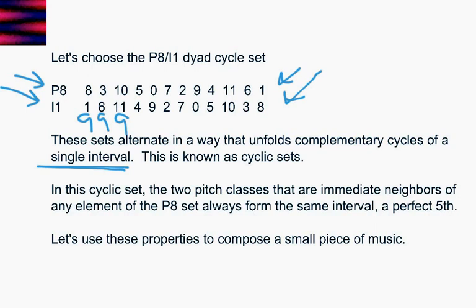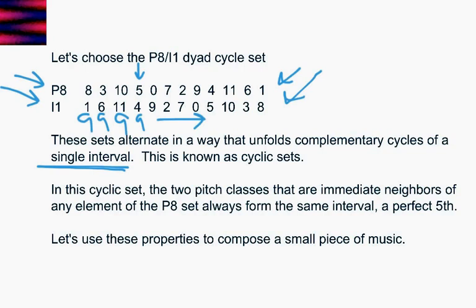Remember mod 12, and you can just march across and prove that to yourself. So in these cyclic sets, there's 2 pitch classes that are immediate neighbors of any one of these elements. So for example, if I take 5, I've got neighbors of 10 and 0. If I'm taking reference of 0 to C, 5 would be F, and 10 would be A sharp or B flat.